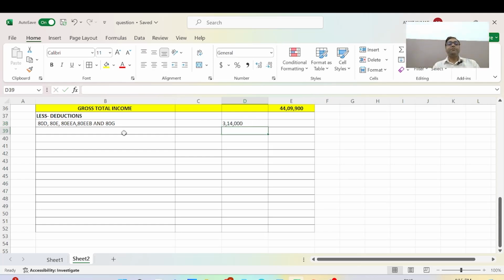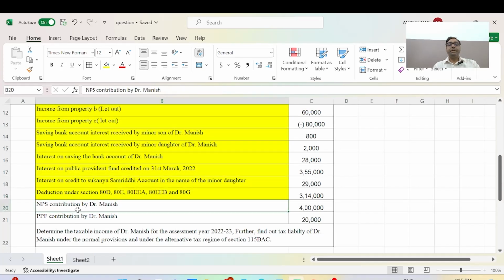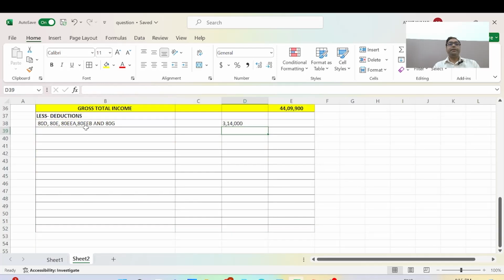Another section is NPS contribution and PPF contribution, which fall under section 80C.